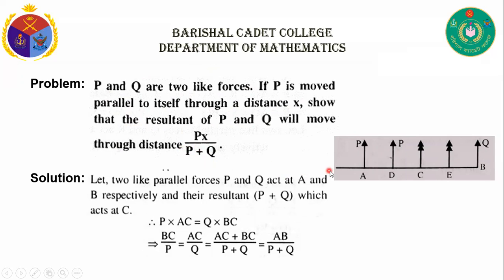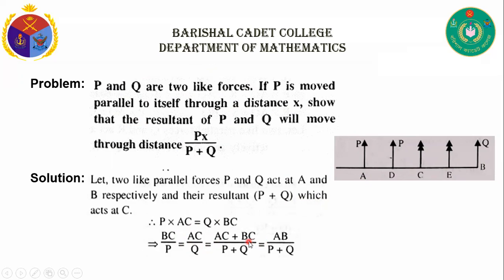So here P and Q are two like parallel forces acting at A and B. First we find the resultant at point C. So we can write P × AC = Q × BC. So we can write BC/P = AC/Q = (AC + BC)/(P+Q).